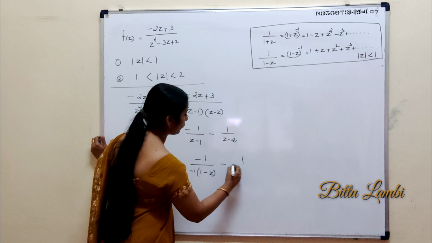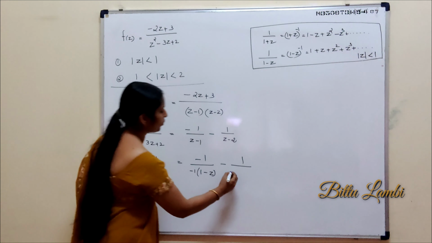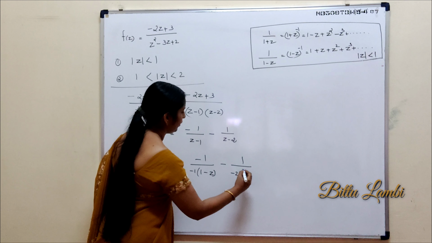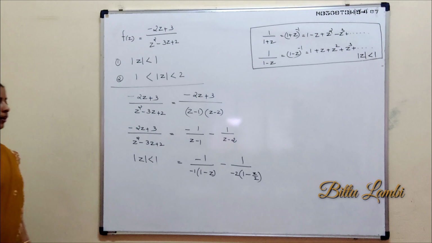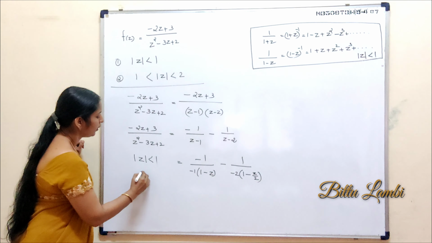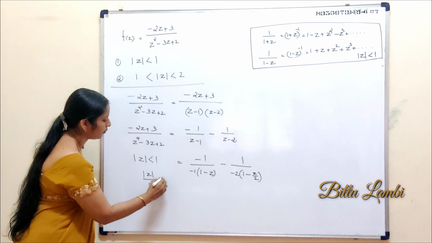Next, minus 1 by, here if you take minus 2 outside, then you can see it is 1 - z/2. Given mod z is less than 1, so its half is also less than 1.